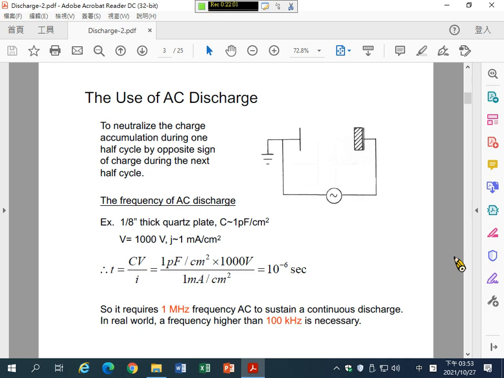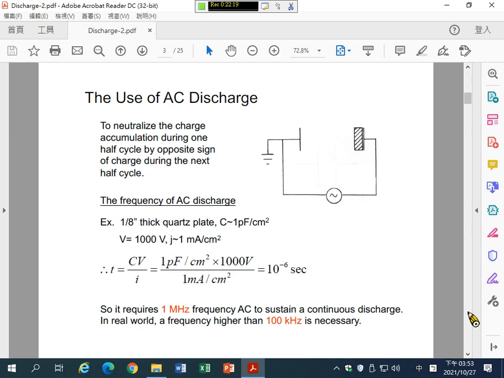So it depends on the applications. You can choose the frequency of the plasma power supply, but usually in industry, the standard frequency is 13.56 megahertz.